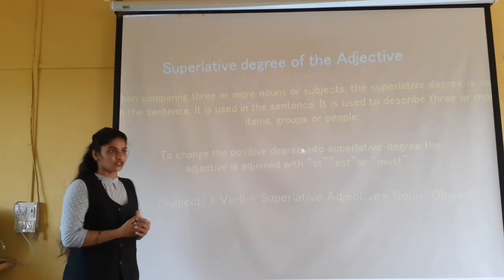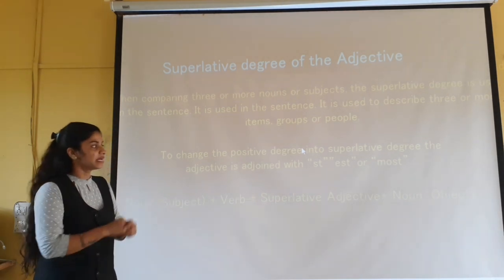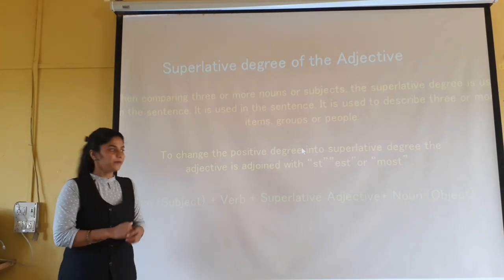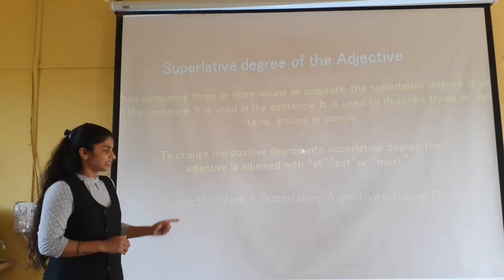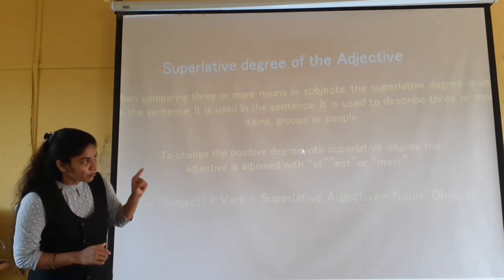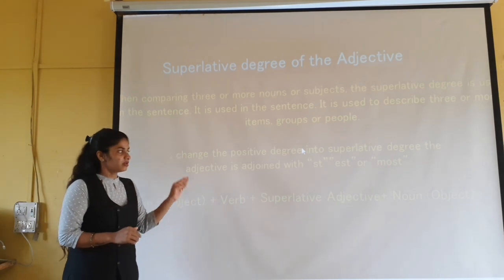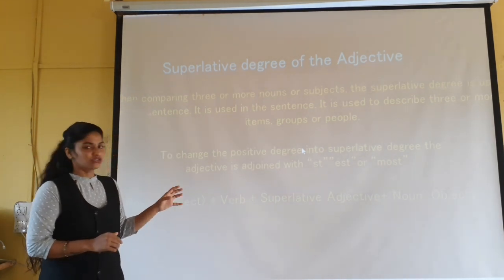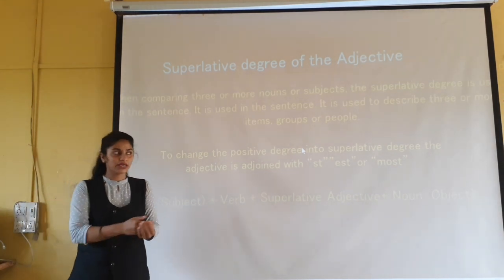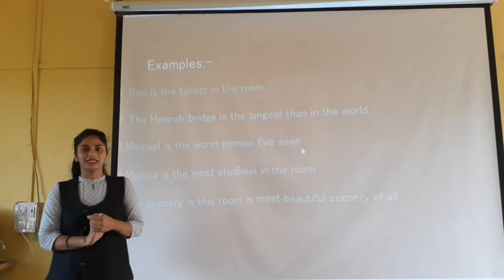Here again the structure is given: noun plus verb plus superlative adjective plus object. Now here it can be Ron is taller, most beautiful, or you can say most difficult or most different person than Donald. Okay. Let's go further. Ron is the tallest in the room.